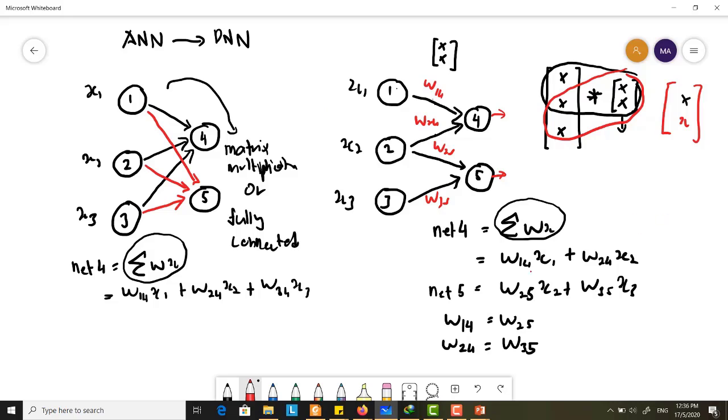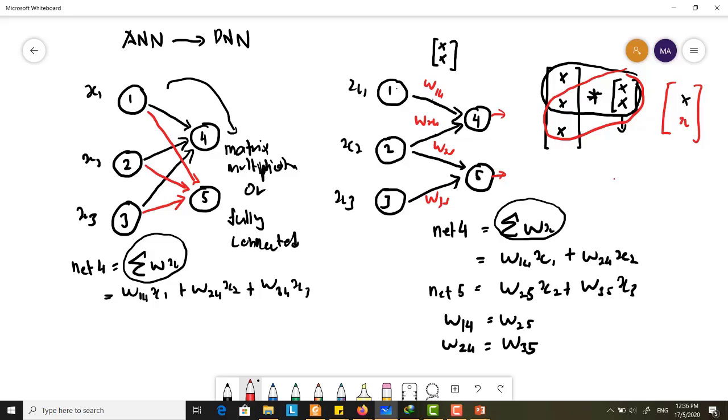To get net 4, this is what you execute: W14 times x1 plus W24 times x2. To get net 5, W25 times x2, and then W35 times x3.